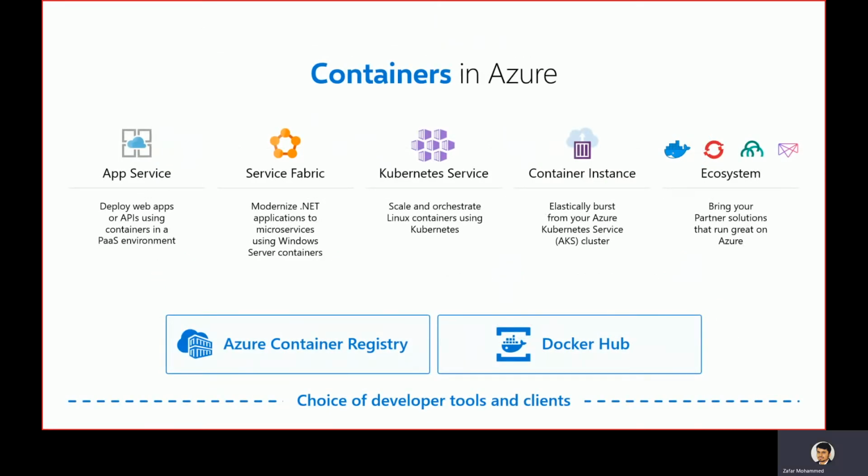Azure provides flexibility. You can deploy containerized applications in your preferred environment: App Service or Service Fabric, Azure hosted Kubernetes services, or even the partner ecosystem like Pivotal Cloud Foundry, self-managed Kubernetes, Docker Enterprise, Red Hat OpenShift, Mesosphere DCOS. So Azure Kubernetes Service is the hosted Kubernetes service here in Azure.